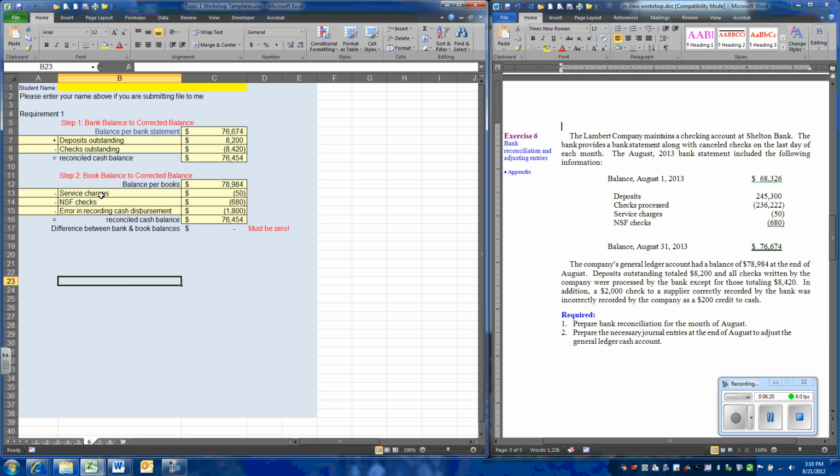So we will have to make an entry that debits for the bank service charge, that accounts for the NSF check, and corrects the entry for the error. We're going to be dealing with error corrections in Intermediate 3. Right now, all you need to know is the basic bank reconciliation.